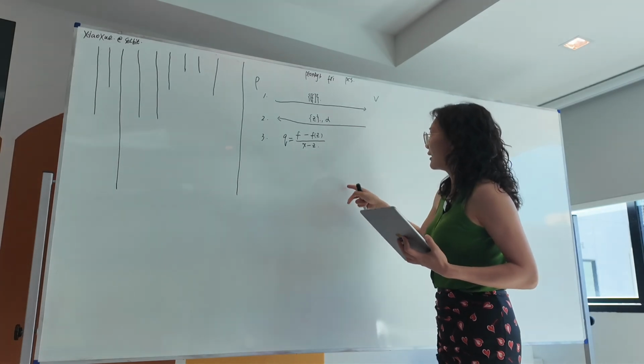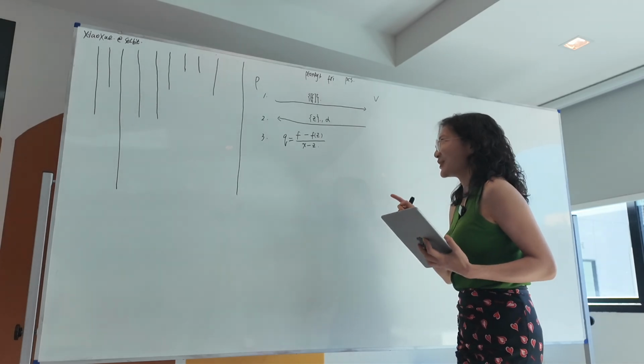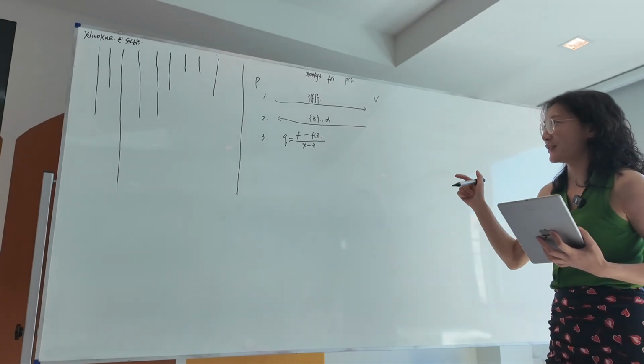And in this step, the prover also needs to batch the quotient polynomials with the same degree.